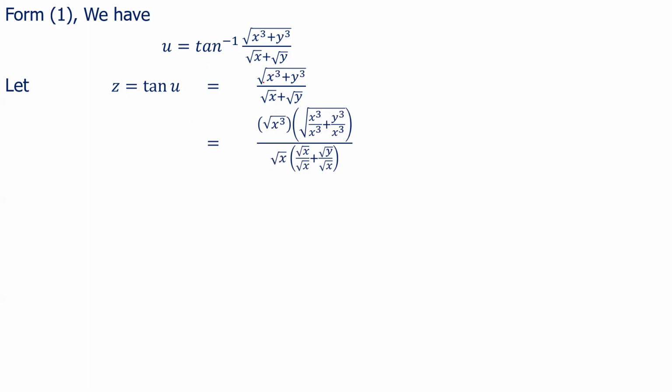So we first multiply and divide by root of x cube in the numerator as well as the denominator. So root of x whole cube into root of 1 plus y cube upon x cube, upon root x into 1 plus root y upon root x.